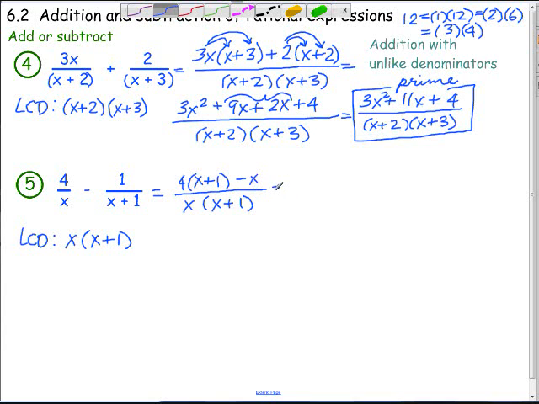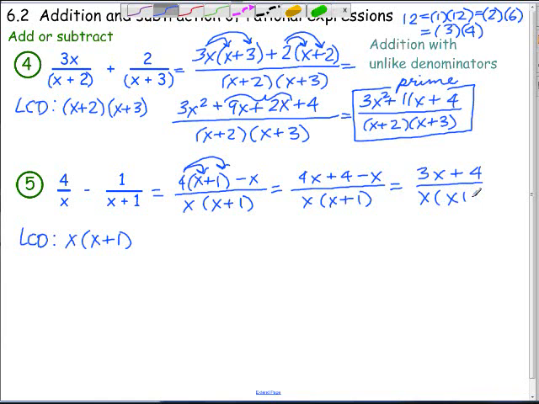You have to have factors. I'm going to have to work with this one and see what we can come up with. We're going to get 4x plus 4 minus x all over x times the binomial x plus 1. This will simplify because we've got like terms, and we'll have 3x plus 4 over x times x plus 1.